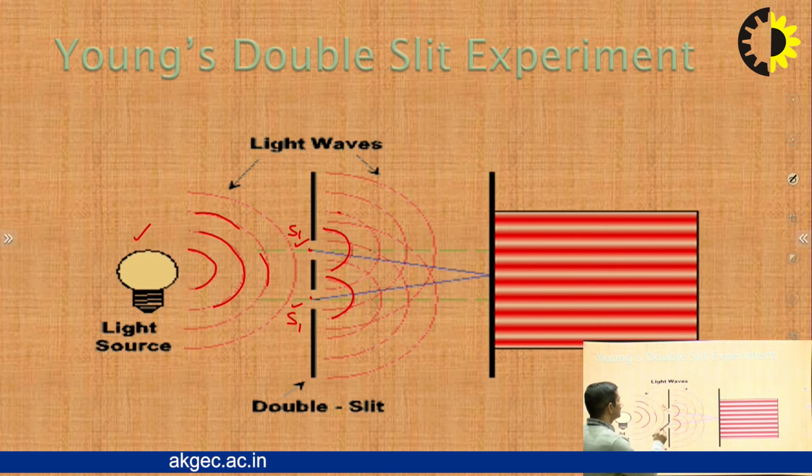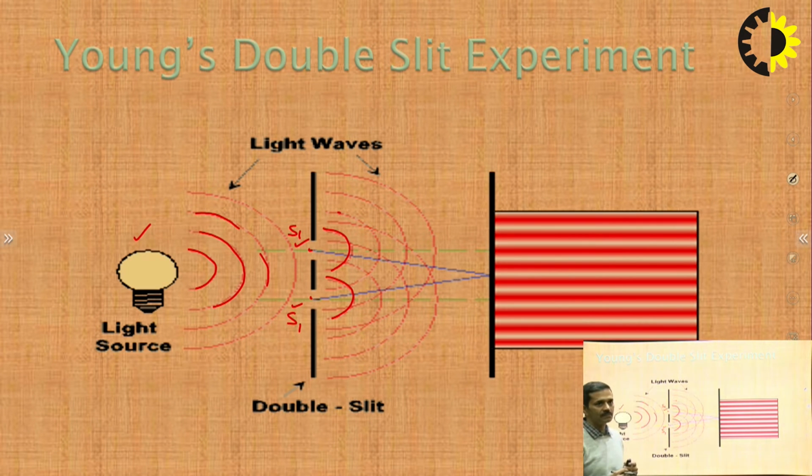These slits S1 and S2 are also known as virtual light sources, and these two virtual light sources can be obtained by the division of wavefront method. If we follow this process, then on the screen we can achieve the constant phase difference condition. That means the light sources will be coherent. These S1 and S2, these two virtual light sources, will be coherent light sources. So by the division of wavefront method, we can achieve coherent light sources.